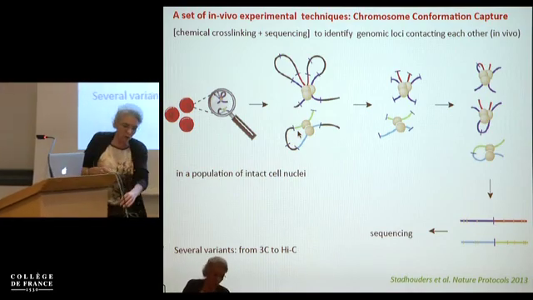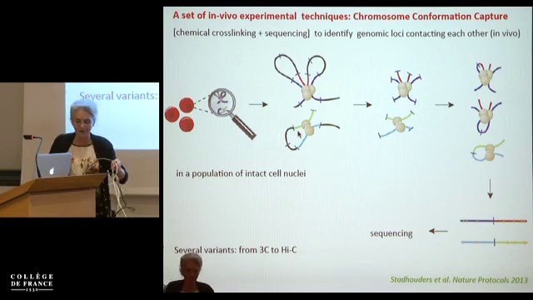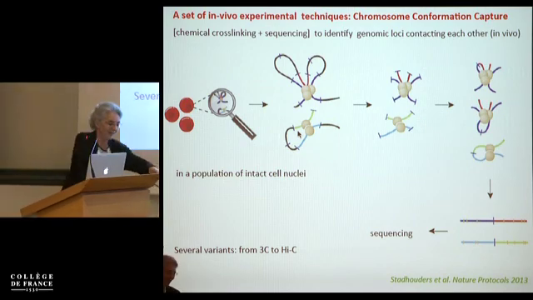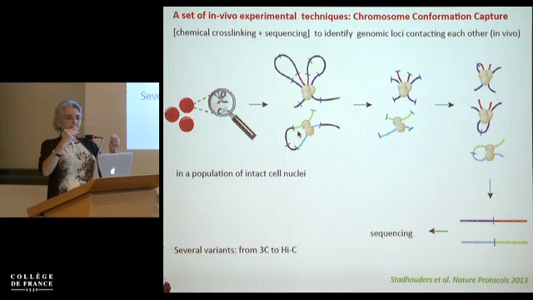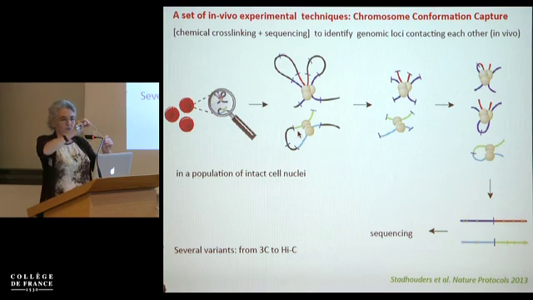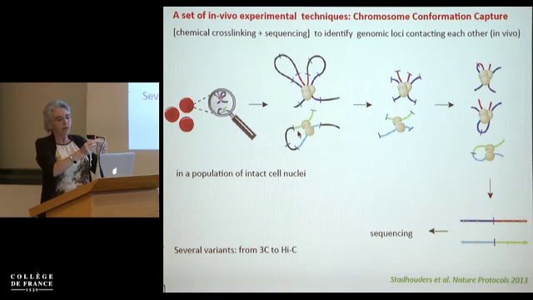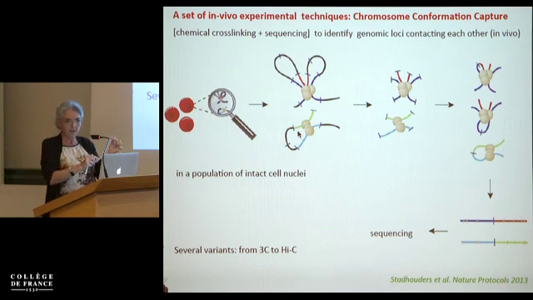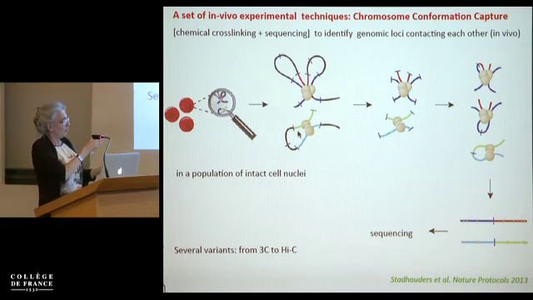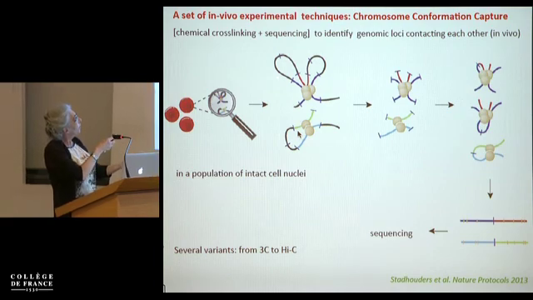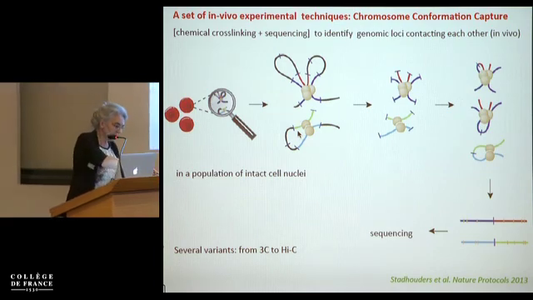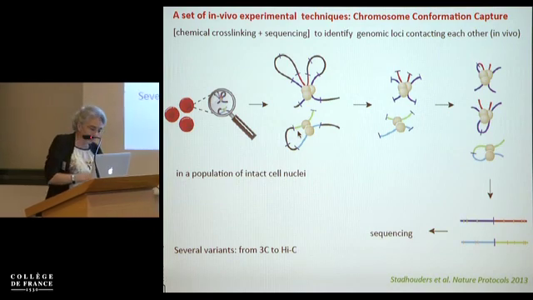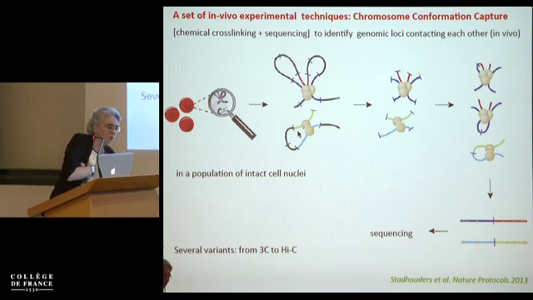The genome is something like that. Inside the nucleus, it has some very complex conformation, and this chemical protocol is able to cross-link any contact you have in the genome, in living cells. So this is what is represented here. Any loop, any closeness between two genomic sites is fixed at some point.